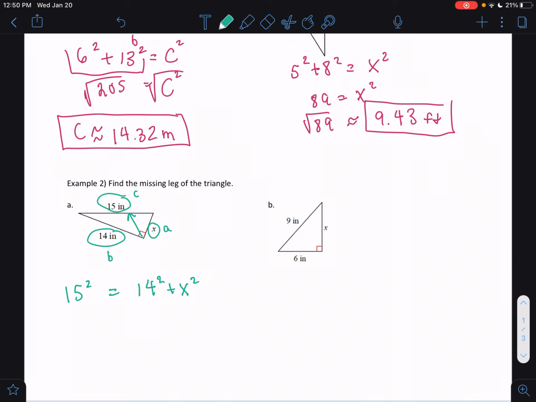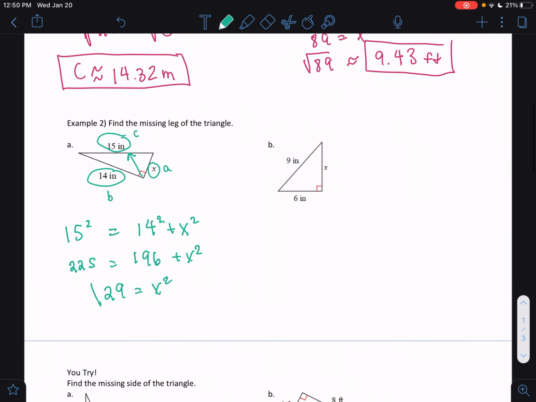Just make sure that you're putting these in the correct place. So we would get 225 equals 196 plus x squared. 29 equals x squared. Square root, so that x is approximately 5.39 inches.